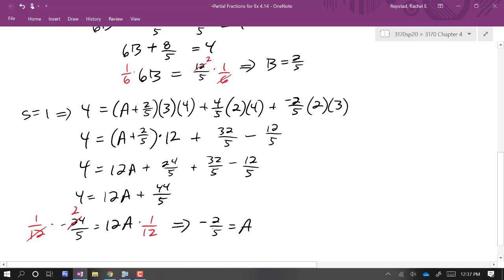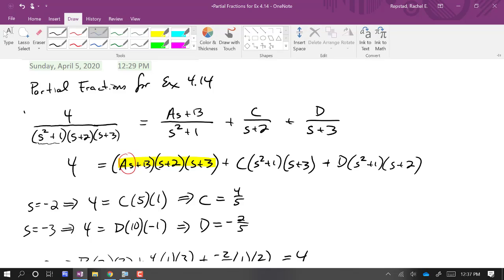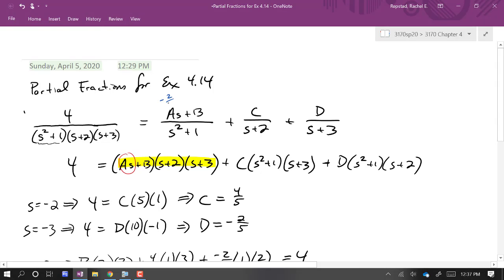And this is the partial fraction decomposition that we were looking for and that we used. So a was negative 2/5. We found that b was 2/5, c is 4/5, d is negative 2/5. And these are the values we used in the last example.